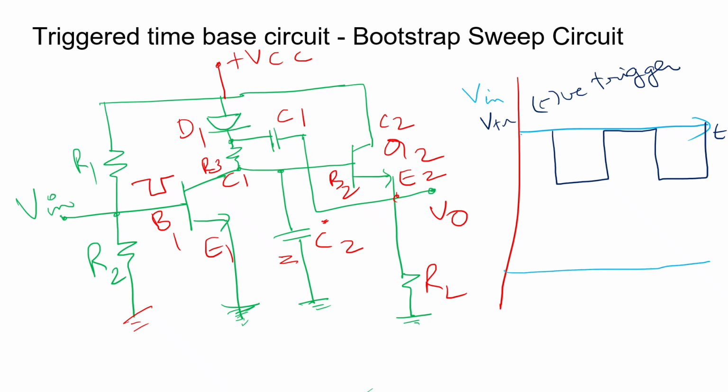So how would the value of VC2 be? As soon as it receives the trigger, it discharges through the capacitor C2, and then it charges again and then discharges.